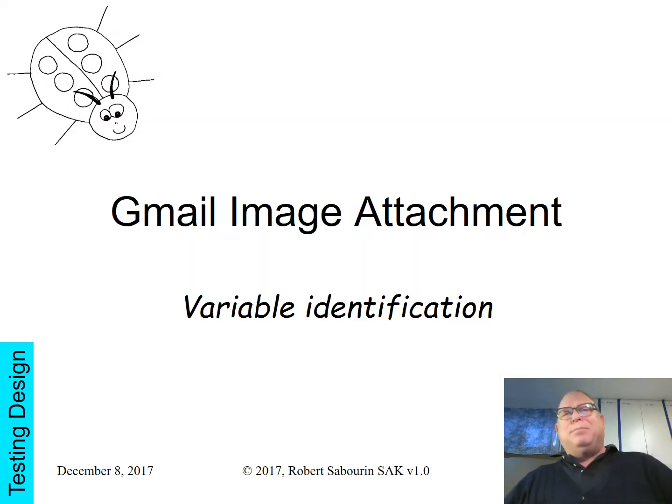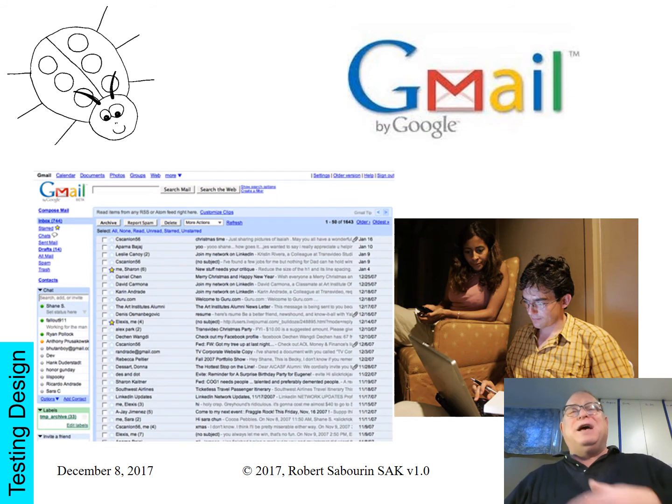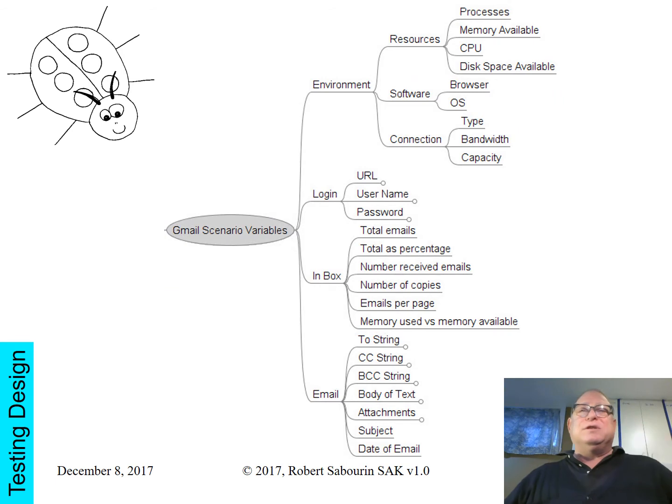So a couple of examples. Imagine you're testing Gmail and you want to test to make sure we can send emails with image attachments. So we could create a variable mind map of that. We can try to study Gmail, watch people use it, look at the requirements, look at the online resources, documentation, and maybe we'll have variables related to the environment, resources, software connections, maybe related to how you log into Gmail, maybe related to the state of the inbox for Gmail, maybe related to the state of the email at the time we're sending the attachment.